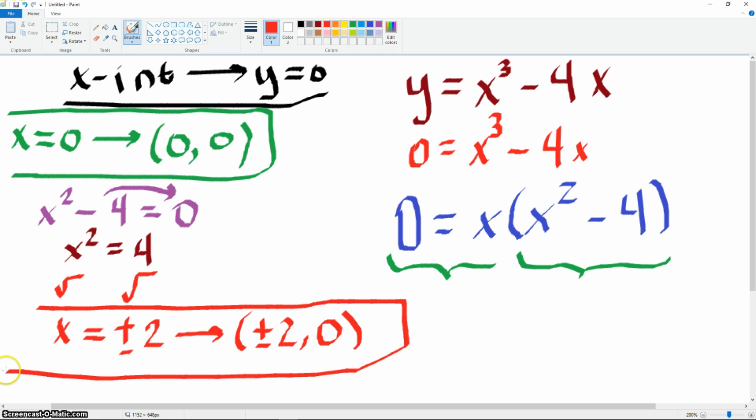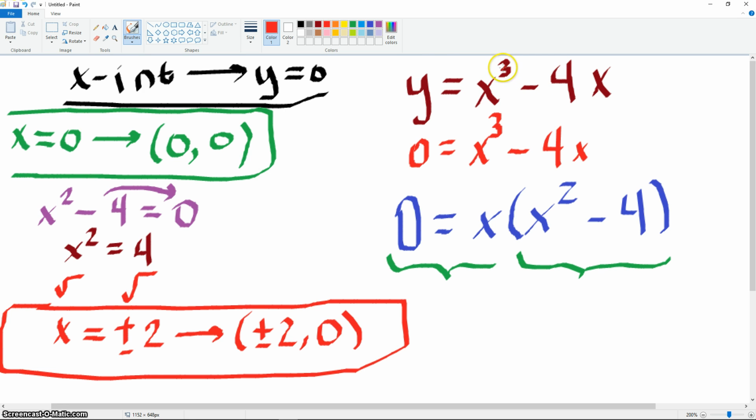Now, what I want you to notice is that you get how many x-intercepts? Count with me. We get the positive 2, we get the negative 2, and we get the 0. That's 3 x-intercepts. What is the highest exponent on the letter x in this equation? As you can see, it's 3.